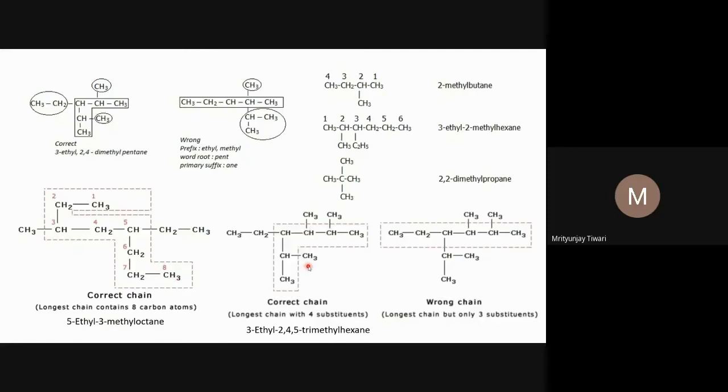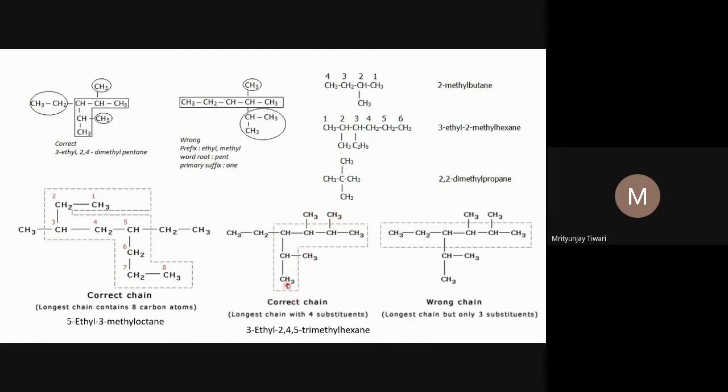And now this compound, CH3, CH2, CH, CH, if you consider this here. This way we can also get the same number of carbon atoms, 1, 2, 3, 4, 5, 6. This way also 1, 2, 3, 4, 5, 6. But if you go in this direction, we'll get only 3 substituents. So in this direction, 1, 2, and then a third one.